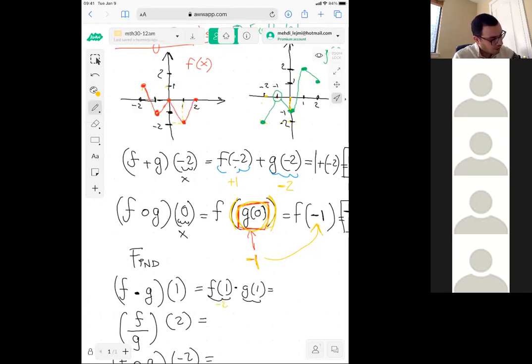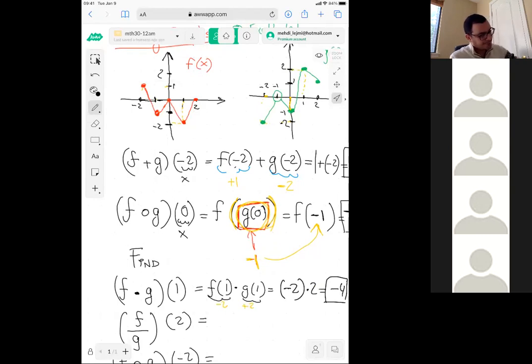And then g of 1 would be +2. So it's -2 times +2, which is, of course, -4. So for the first one, the answer should be -4.